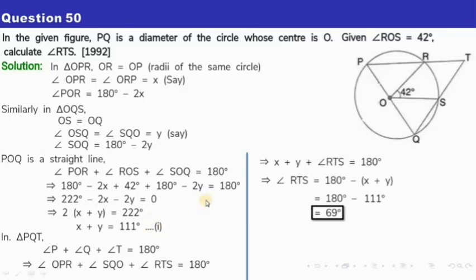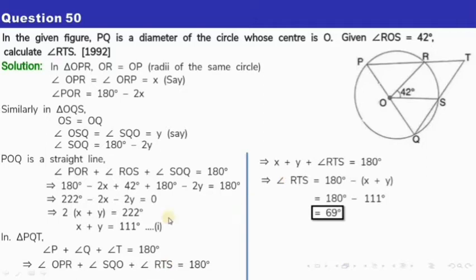Now let us have a look at this biggest triangle, that is PQT. In this triangle, angle P, angle Q and angle T, when added, give 180 degrees. Angle P can also be written as OPR, angle Q can be written as SQO, and angle T can be written as RTS, which we need to find.